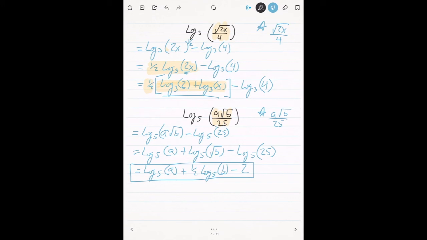Your call. Now, let's take a look at the next one, and let's see how it's a little different than before. Again, we started just like usual, where I separated the numerator from the denominator. Then, I looked at this first expression, and I saw I have a times the square root of b. That right there is the multiplication.